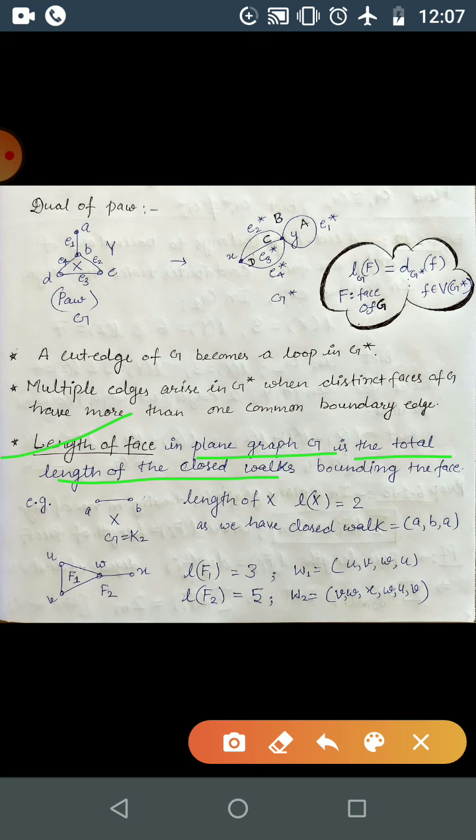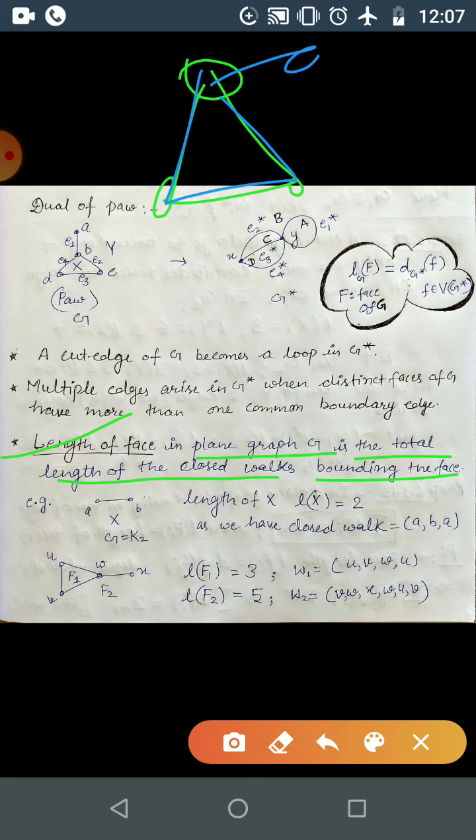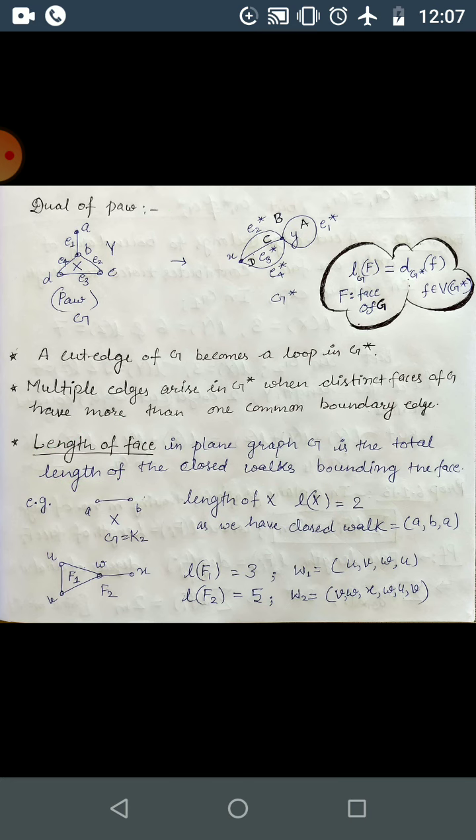So the length of a closed walk bounding the face. For example, in this one we have the length of a closed walk as 1, 2, 3 and outside also 1, 2, 3. And it should be like this one, then it will be coming back to this one. So whenever a cut edge is present, that length will be counted twice.